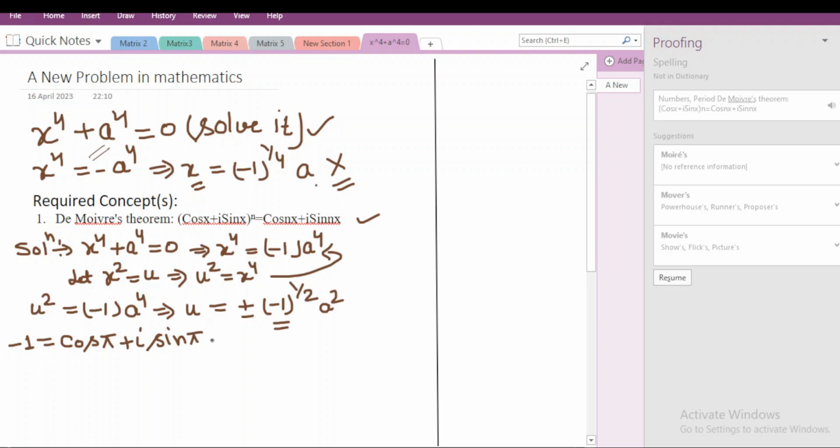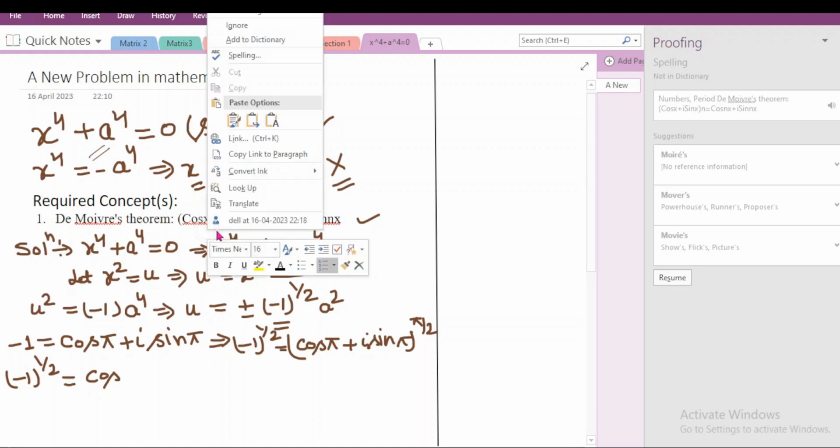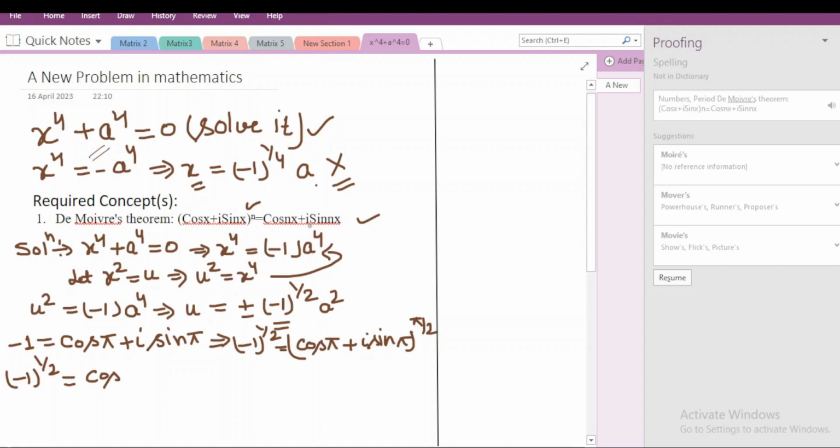Now moving ahead, we get minus 1 to the power 1 by 2, that is (cos pi plus i sin pi) to the whole power 1 by 2. That will lead us to minus 1 to the power 1 by 2 equals cos, using De Moivre's theorem, this n will stick with this particular x, that is cos nx plus i sin nx.